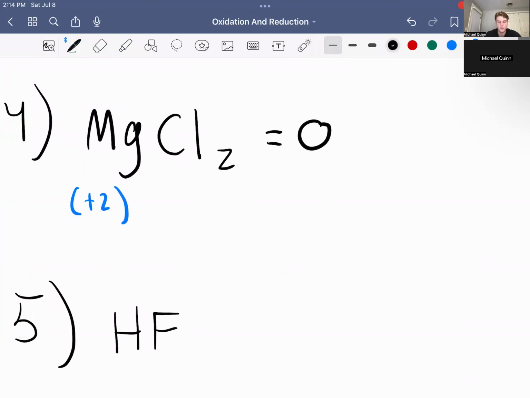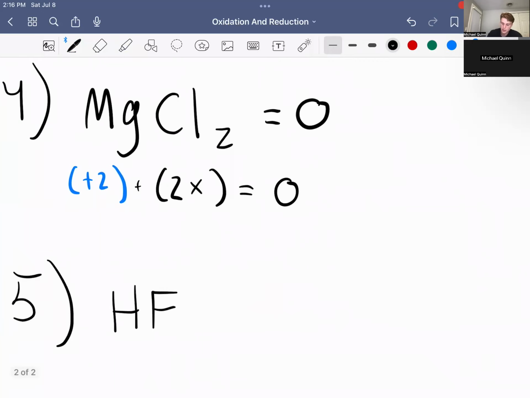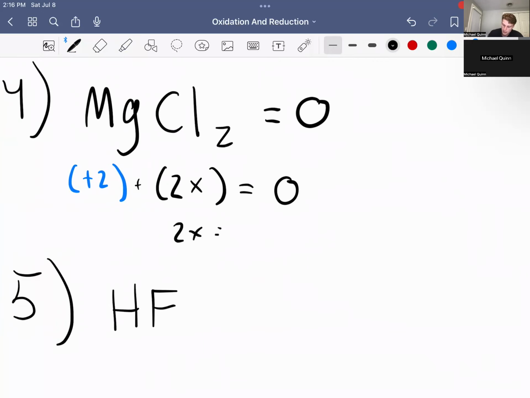So what does that mean for chlorine? Well, there are 2 chlorines, and we do not know the oxidation state for chlorine. So we can say +2 plus 2x. Remember, we are taking the sum of all of our oxidation states. It's going to be equal to 0. So we can simply solve: 2x equals -2, x equals -1.